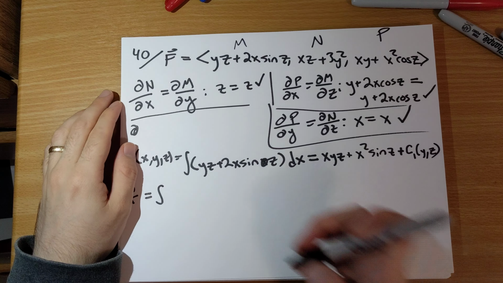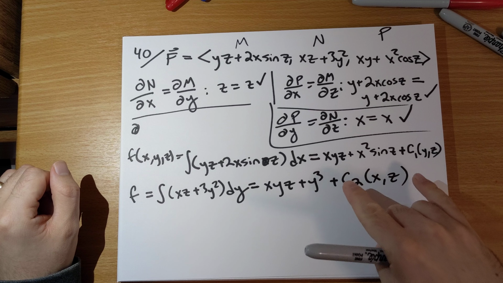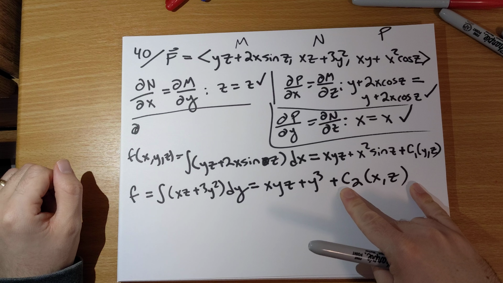Okay, so now that's one antiderivative we found. Now we have to find the antiderivative of the second slot, N. We integrate with respect to y now. The antiderivative of this would be xyz. The antiderivative of this would be y cubed. And then we tack on a function that does not depend on y, but could depend on x and z, because remember, if we take the partial derivative of this with respect to y, it would be 0.